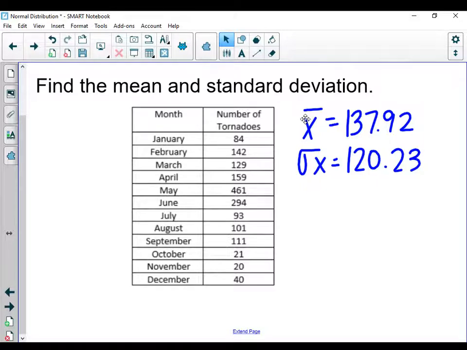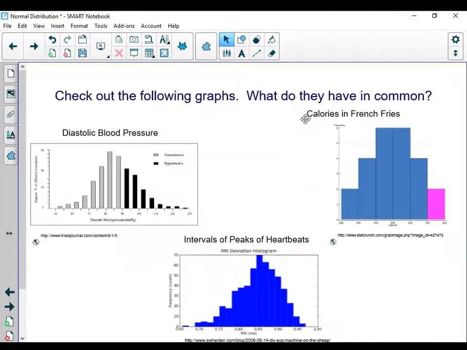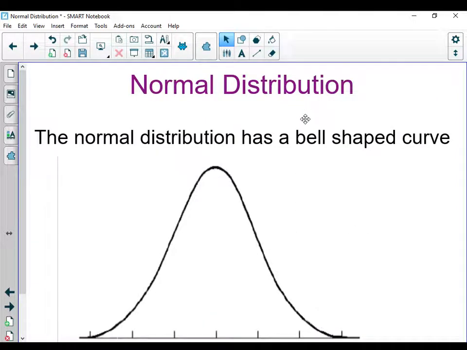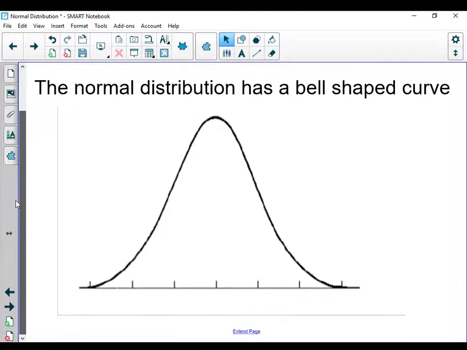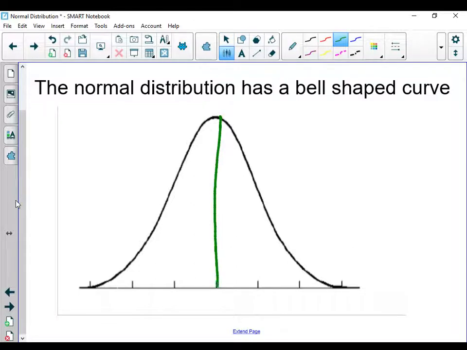Okay, so like I said, the normal distribution curve, you're not going to write this one down. It's a bell-shaped curve. Your average is going to be in the middle here. So if you notice, just by the looks of it, majority of your data is in the middle.